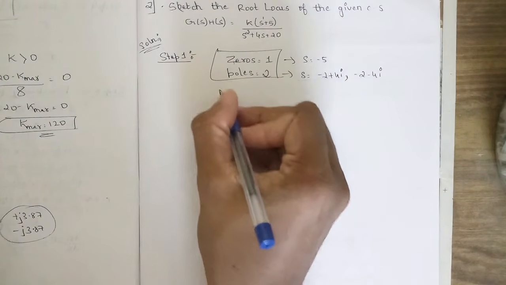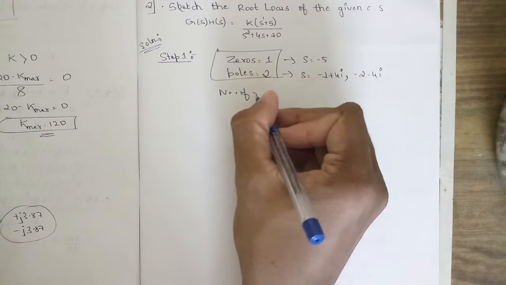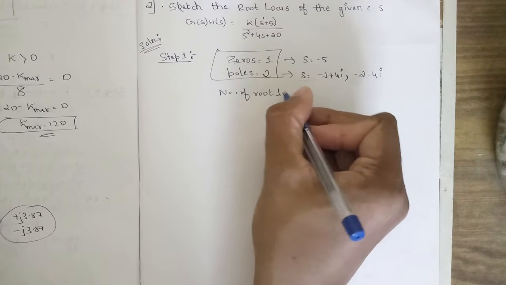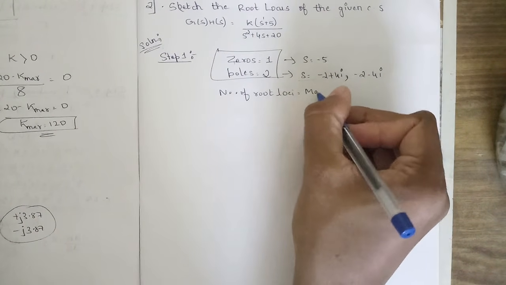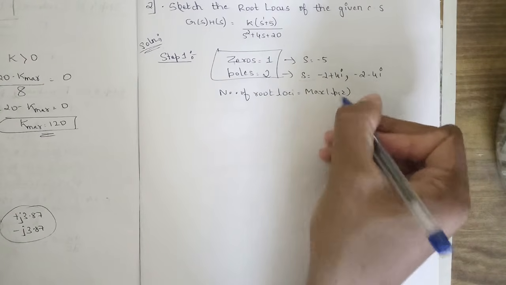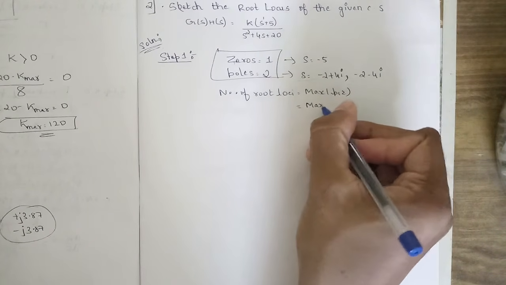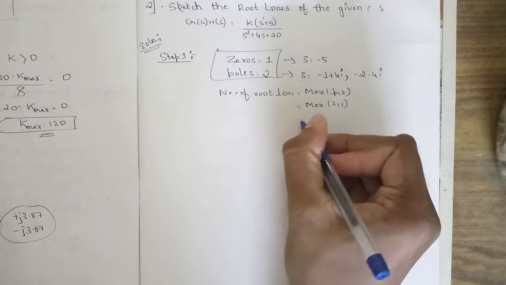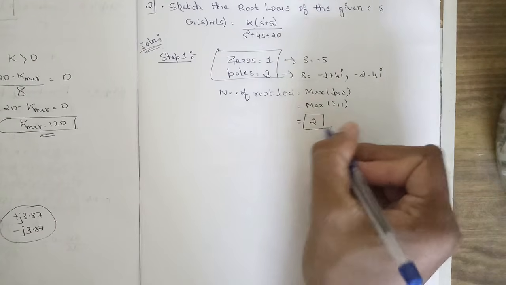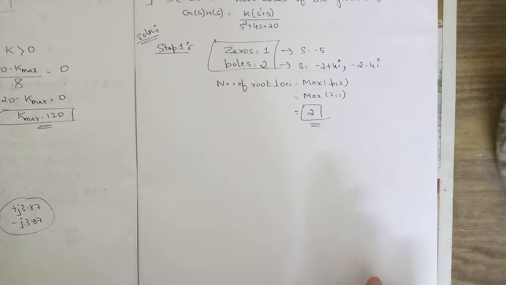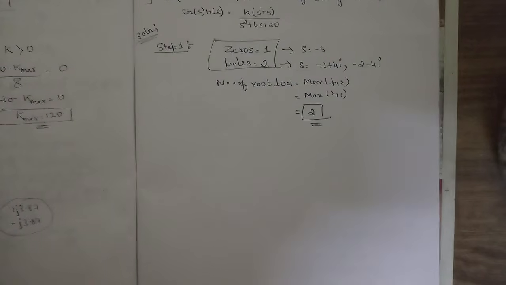So the next step is the number of root loci, that is maximum of p comma z. The maximum of 2 comma 1 is 2, so the number of root loci is 2. We are going to get 2 root loci, or simply 2 branches.